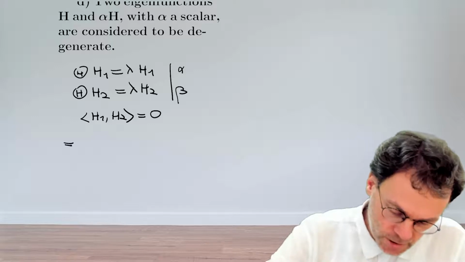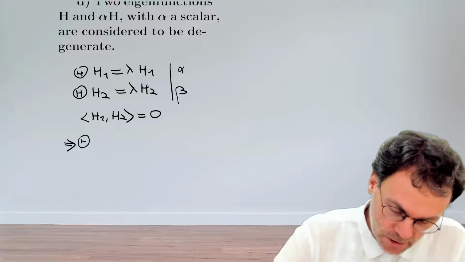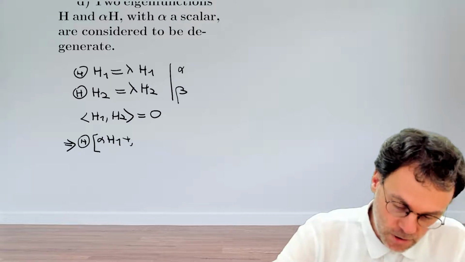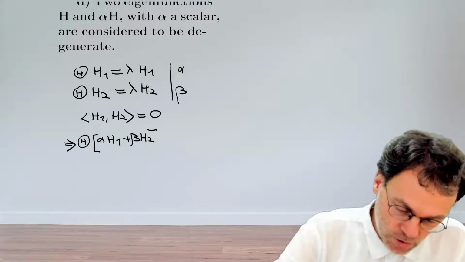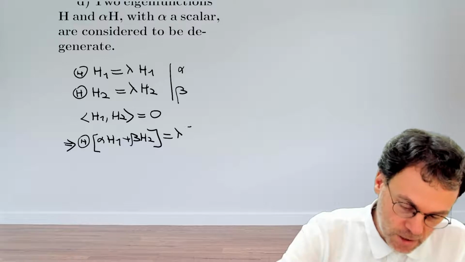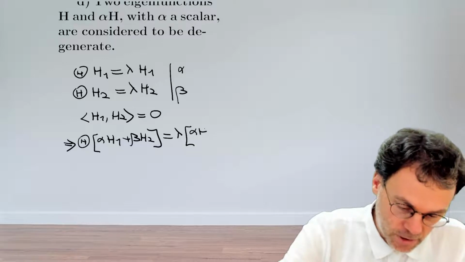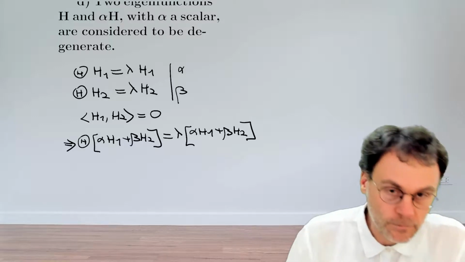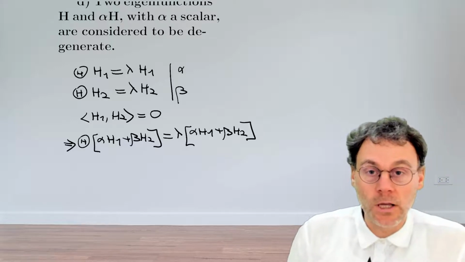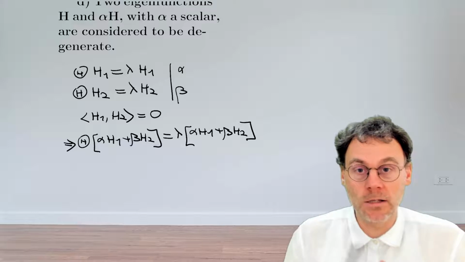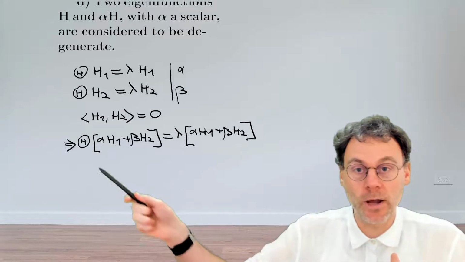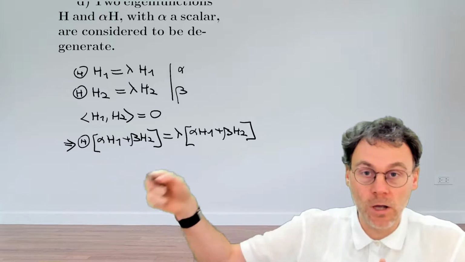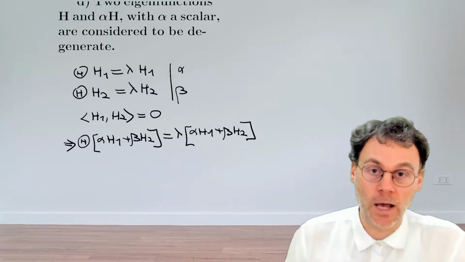Then, because everything is linear, we can write that theta acting on (alpha h1 + beta h2) is equal to lambda times (alpha h1 + beta h2). Now what we've written down here is nothing more and nothing less than saying that the quantity between square brackets here is again an eigenfunction of our operator with the same eigenvalue lambda.